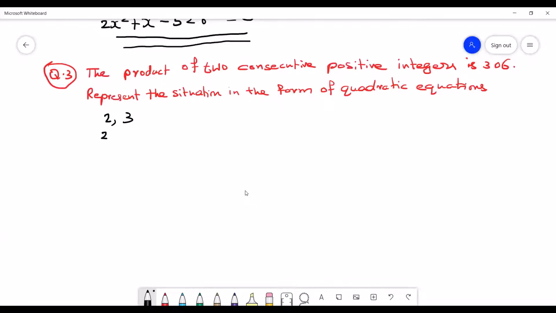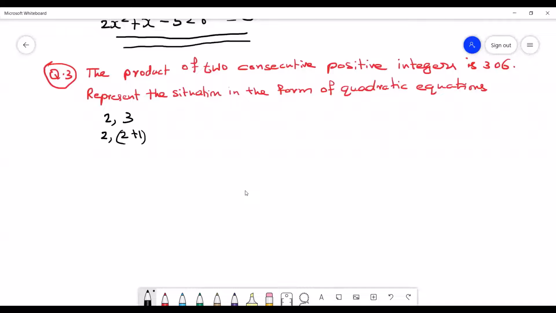I can write this in another way also. Instead of writing 2, 3, I can write it in terms of 2 itself. The first number will represent 2 and the second number will represent 2 plus 1, which is also equal to 3. So instead of writing 2, 3, I can write 2, then 2 plus 1.